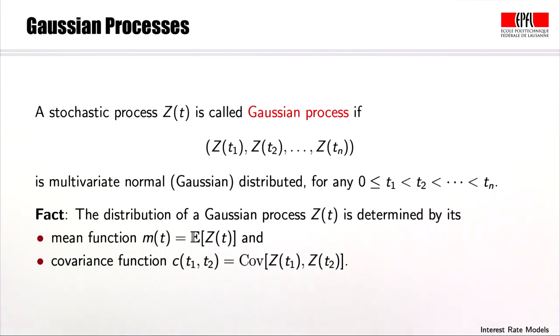Since the multivariate normal distribution is determined by its mean vector and the covariance matrix, it follows that the distribution of a Gaussian process Zt is determined by its mean function, that we call mt, and the covariance function, which gives the pairwise covariances of Zt1 and Zt2.